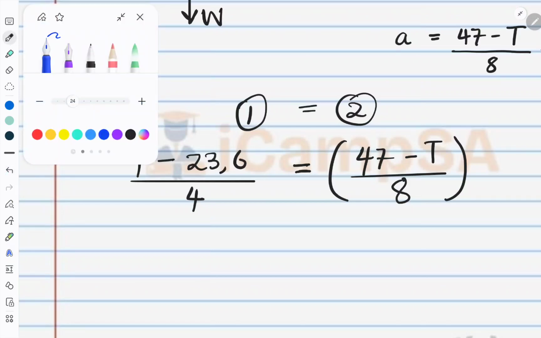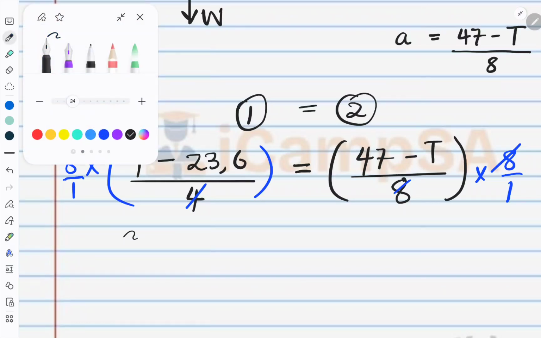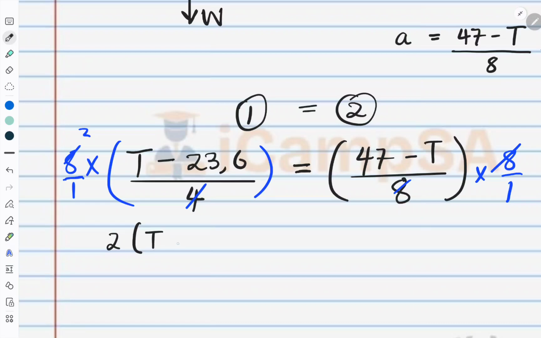But what you do on that side, you must also do on this side. So this gets rid of that 8. Now, for here, it gets rid of that 4, but it leaves a 2 here. That means you are left with 2 times T minus 23.6 is equal to 47 minus T.